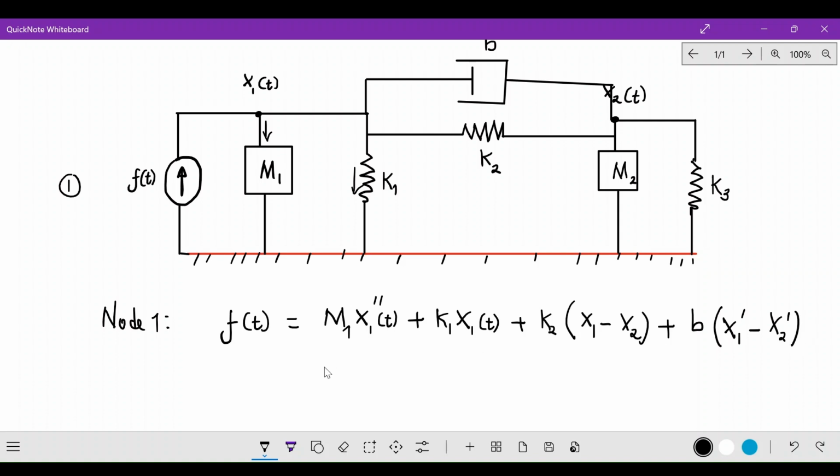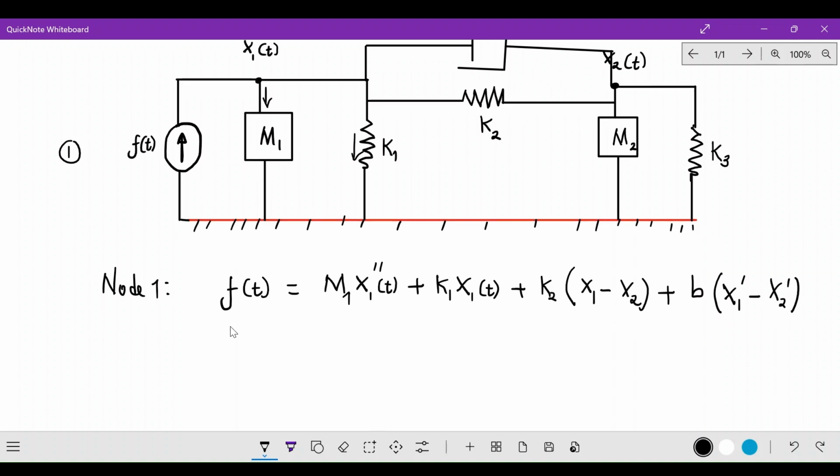So this is the equation with respect to node number one. Now, having found the equation, you have to find the Laplace transform of this also.